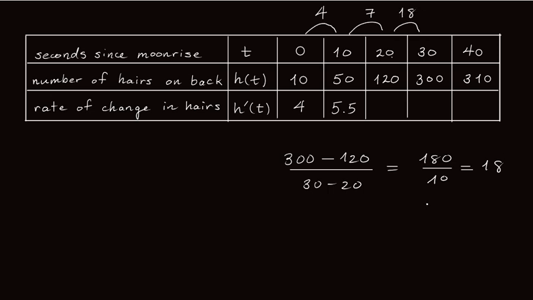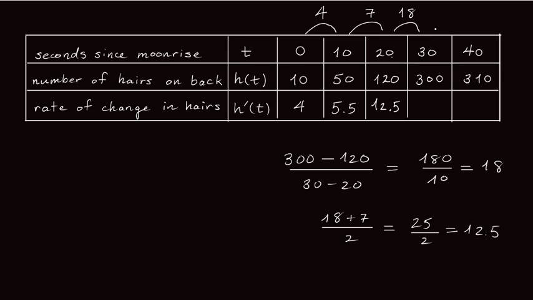Now I'm going to take the average of these two numbers, so I have 18 plus 7 divided by 2, and that gives me the best estimate of the instantaneous rate of change at 20. So this is 12.5. That's saying that after 20 seconds, Tristan's hair is growing at a rate of 12.5 hairs per second.